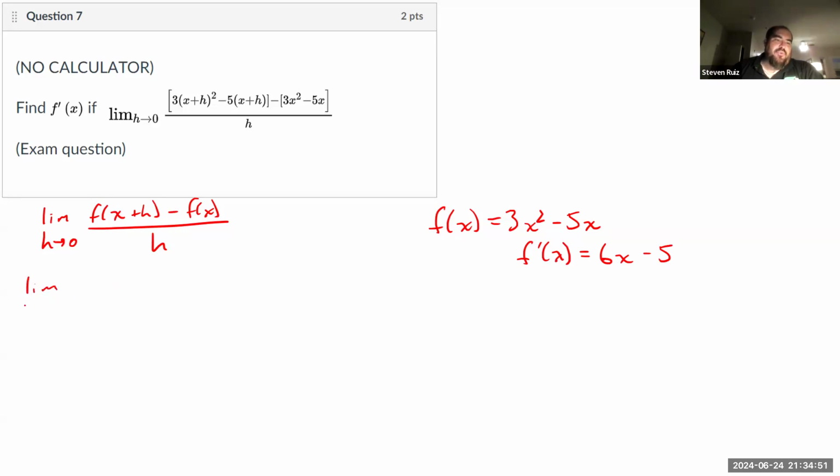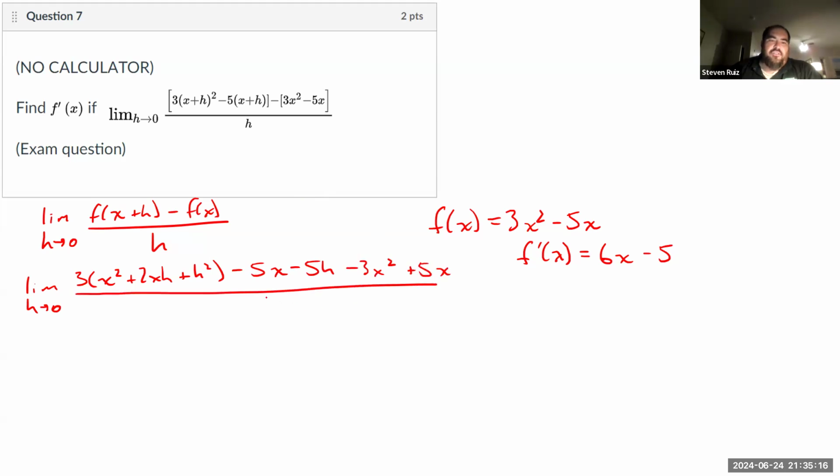So the first thing I'm going to do is expand all the brackets. What is x plus h squared? That's going to be 3 times x squared plus 2xh plus h squared, minus 5x minus 5h, minus 3x squared minus negative 5x plus 5x, all over h.